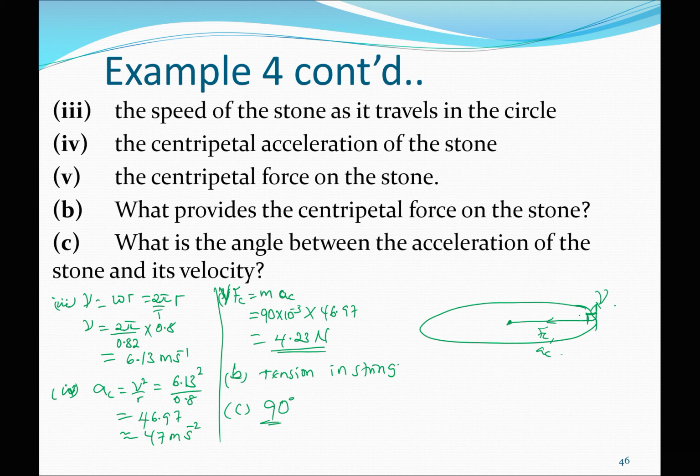So because the stone describes a circle, the angle between the velocity and the acceleration must be 90 degrees.